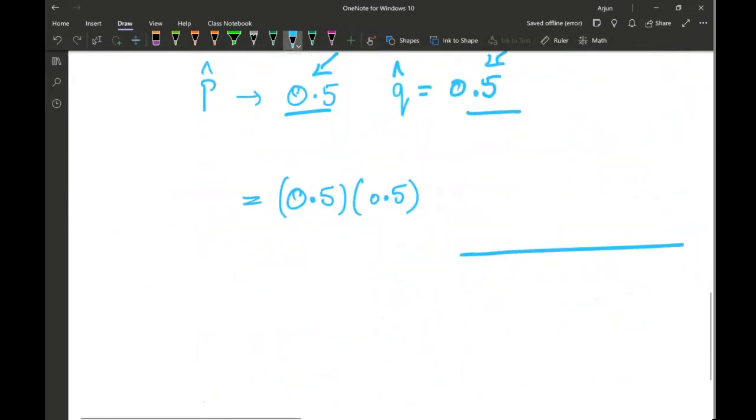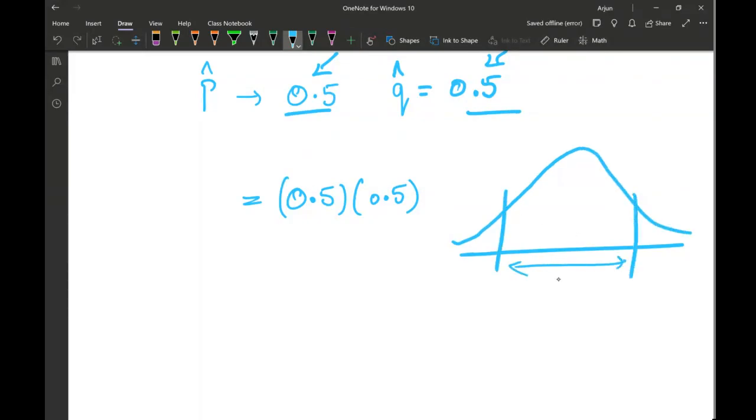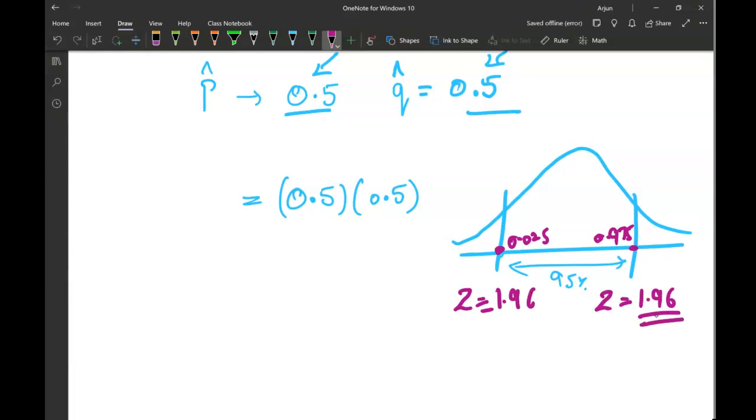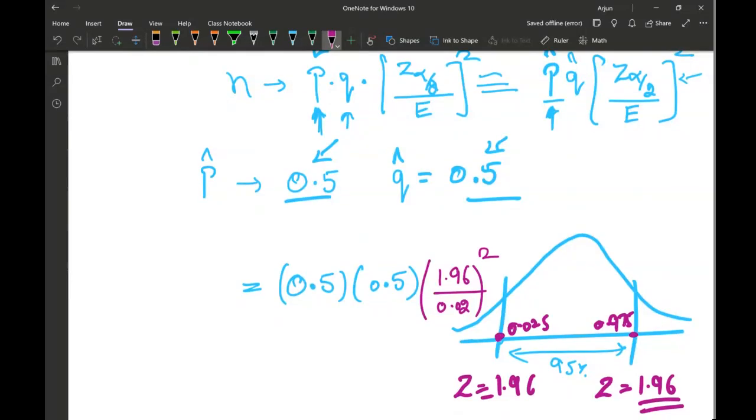So confidence interval is 19 times out of 20. So this is 95%. And here the value will be 0.025, here value will be 0.975, and Z value here is 1.96 negative, Z value here is 1.96 positive. So we figured out the Z value as 1.96 and 0.02 as the margin of error, which is given to us in the question, and then square it.